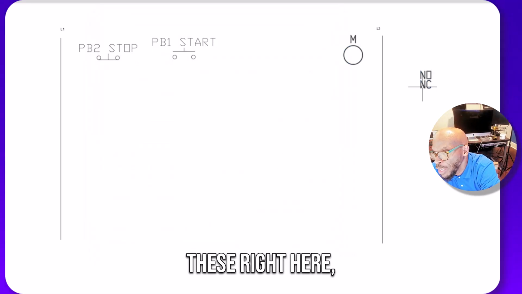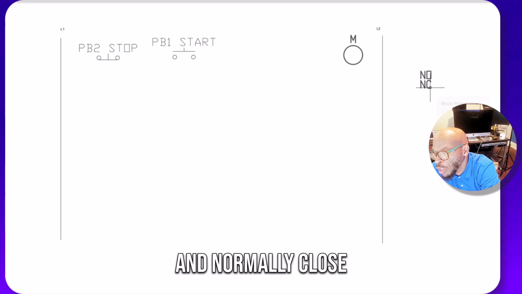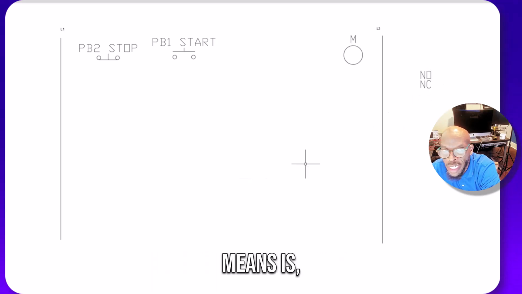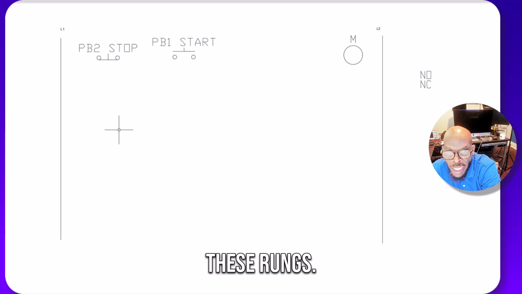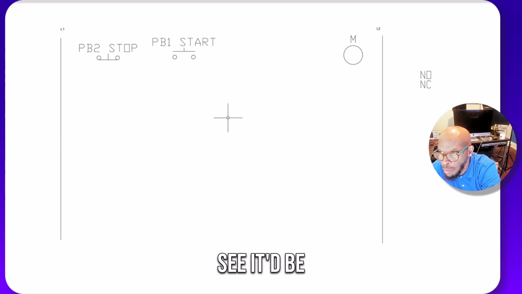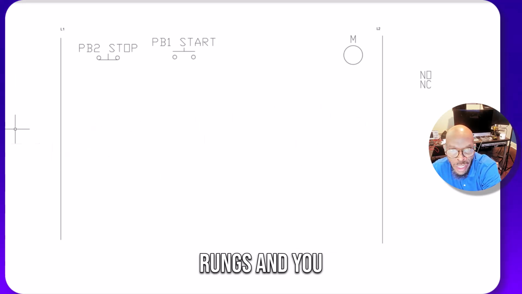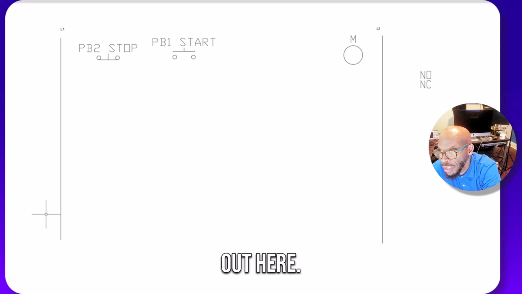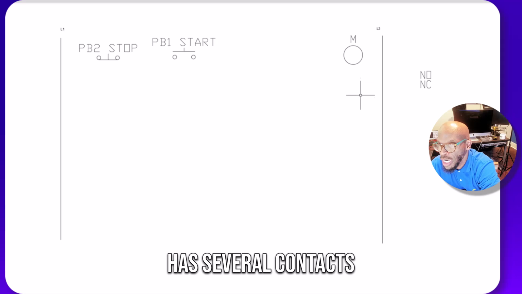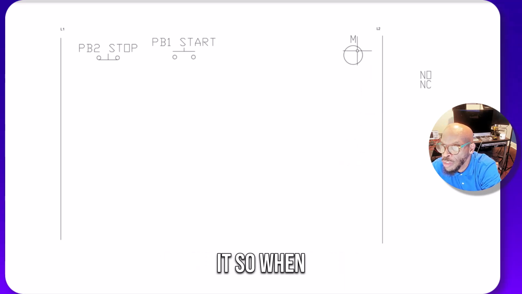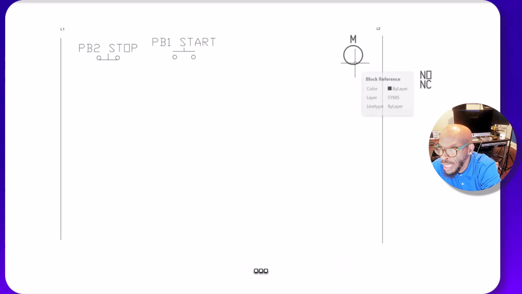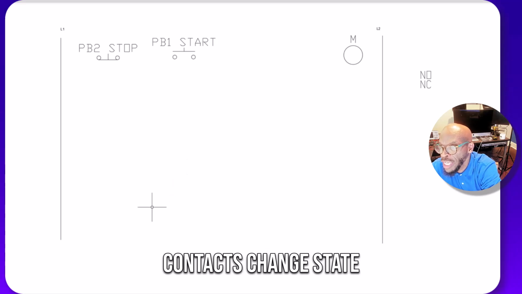Now, you see the normally open and normally closed representation. For each one of these rungs, just like a ladder that's got rungs in it, you will have numbers out here. This relay has several contacts associated with it. When it energizes, it makes the contacts change state.